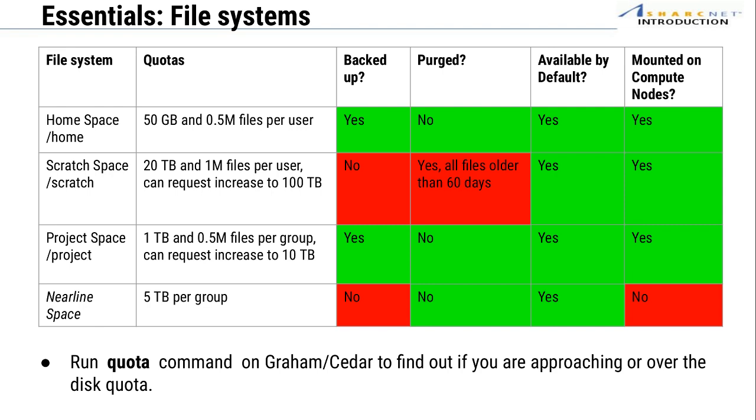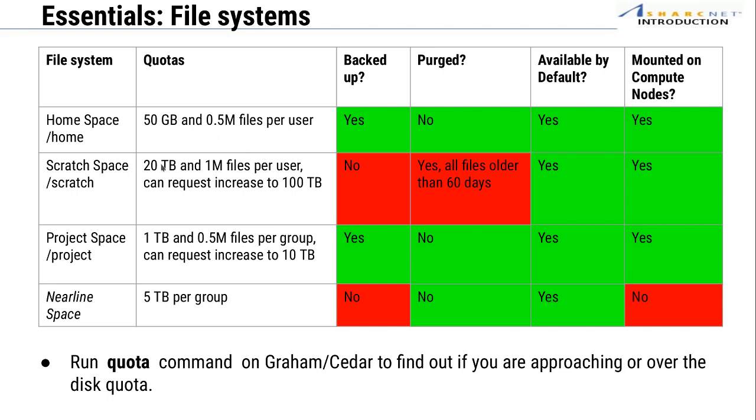It is slow and very limited. It only has 50 gigabytes of quota, and you can only keep up to 500,000 files. So please do not create a huge amount of tiny files. You will run into this limit. And what happens if you run into this limit? You won't be able to create any new files on the home file system.